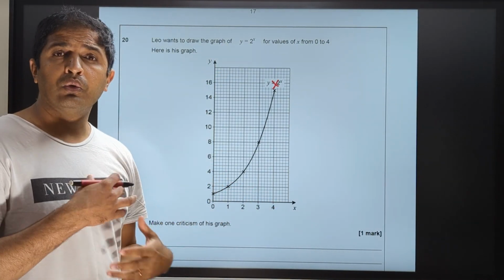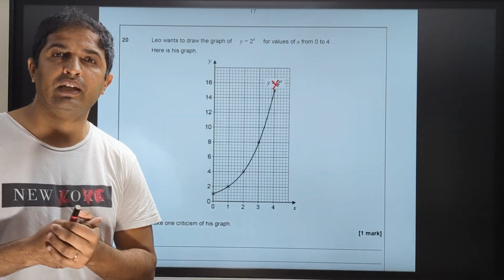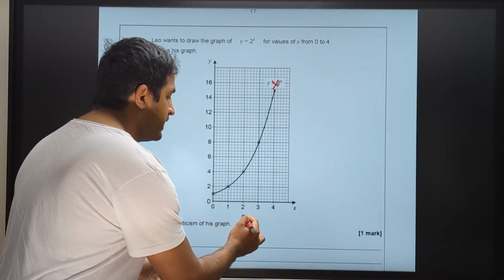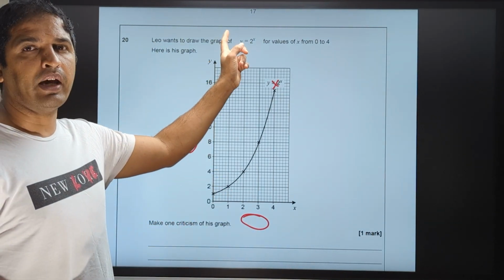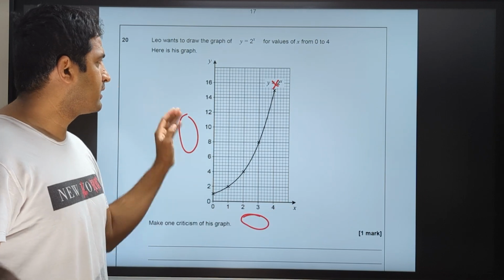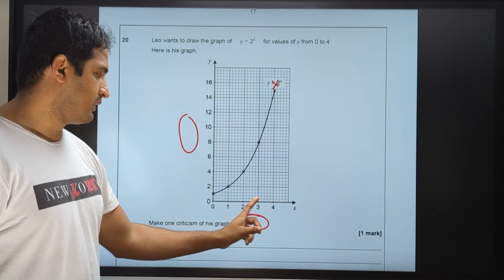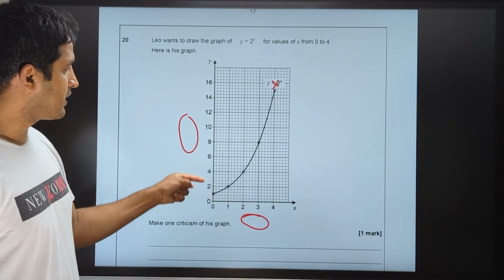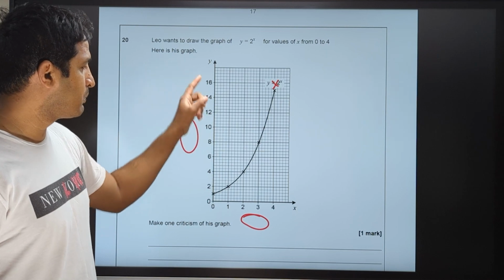So again, I had to go through this motion. What are the criticisms? What are the possible mistakes they could make? They generally leave out these titles, but we don't need them because it says just y equal to 2 to the power x. So that's x, that's y, that's done. Then you can look for it, saying, did I miss anything out? Are they scaled properly? Then I look at whether all the points are correct.